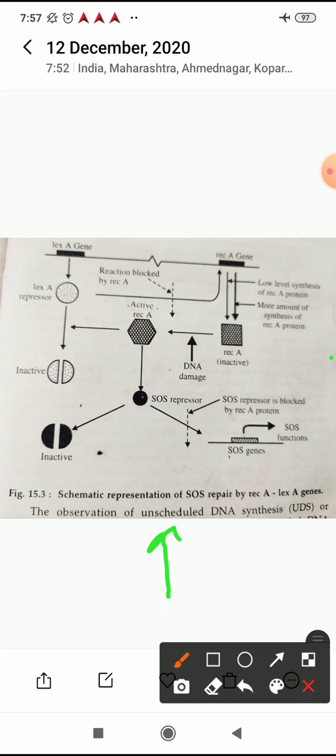This type of DNA repair responds to extreme stress, and therefore it is called as a SOS repair. Meaning of SOS repair: SOS is the urgent call for help to repair the damaged DNA.